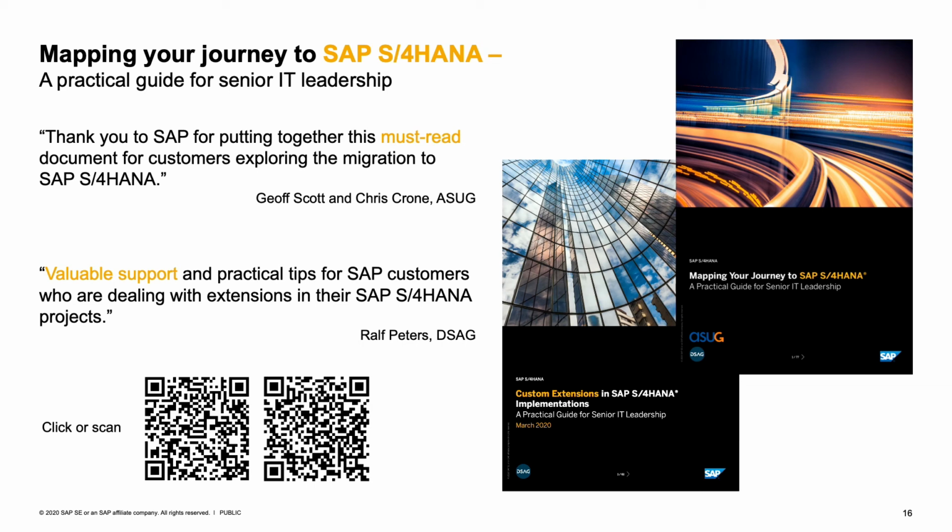And the second one is a guide to custom extensions in the context of S/4. This guide will help you to stay future-proof while extending your core. A lot of work was put into these documents, and as mentioned, dozens of SAP colleagues and partners helped to put them together. And our team will update these documents on a regular basis.